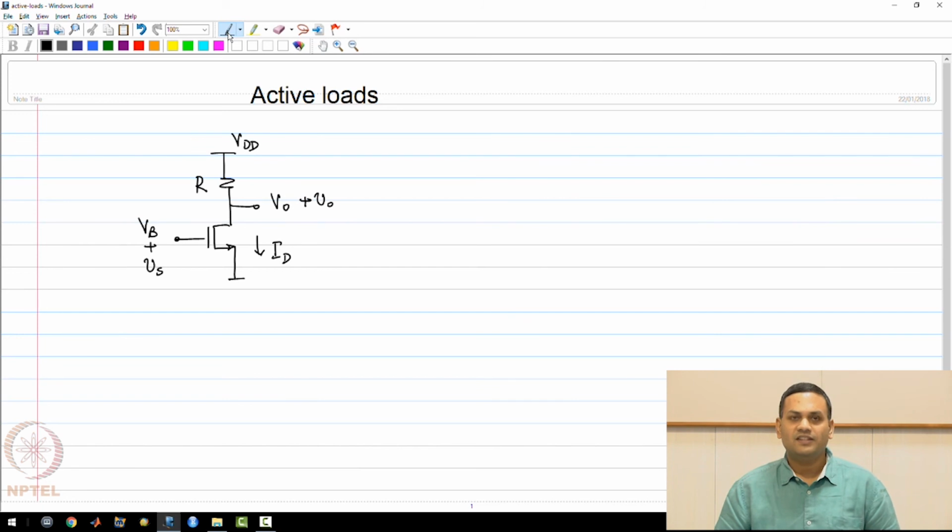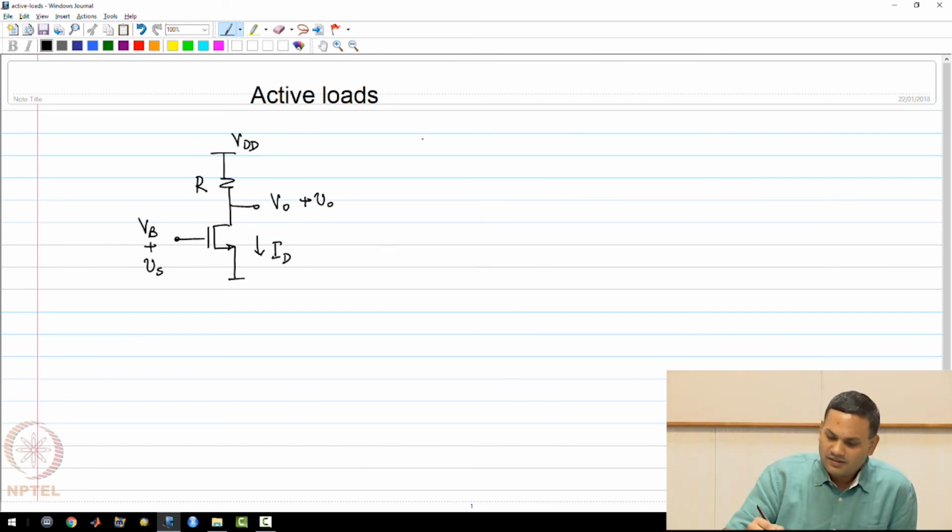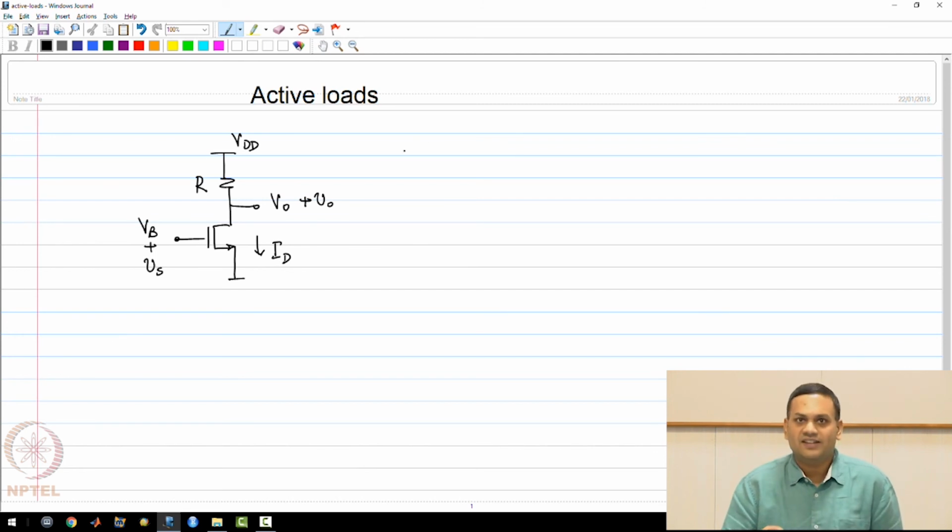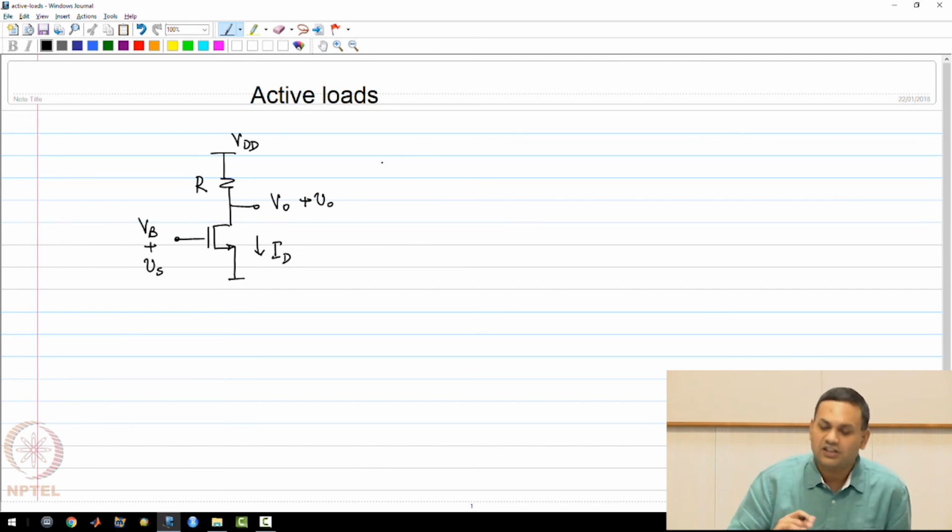So far you would have seen this type of common source amplifier, and you can write down the various DC voltages in terms of the DC currents and so on.